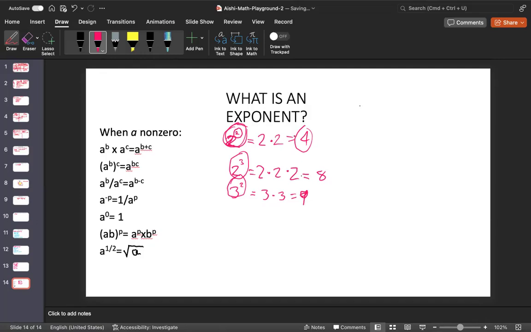So you could try to memorize some squares if you want. It comes in use sometimes. So 1 to the second power would be 1 times 1, which is equal to 1.